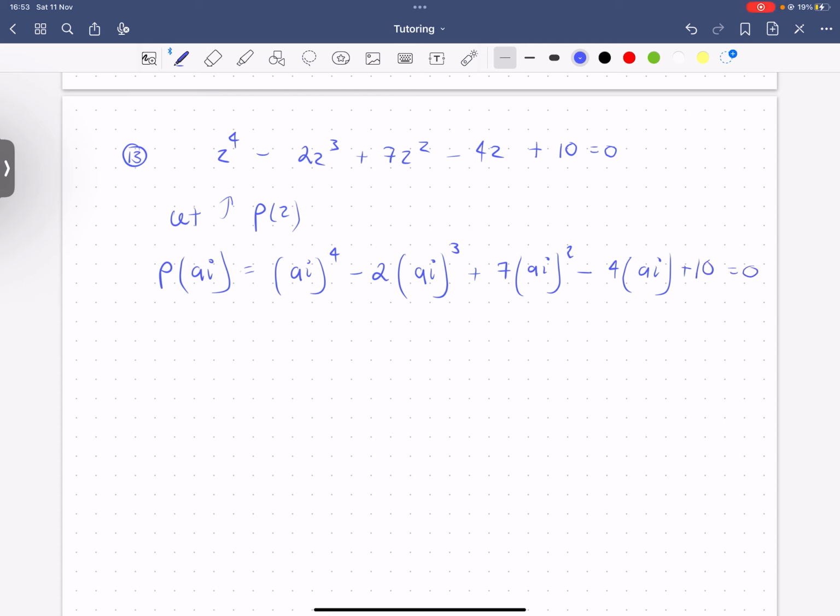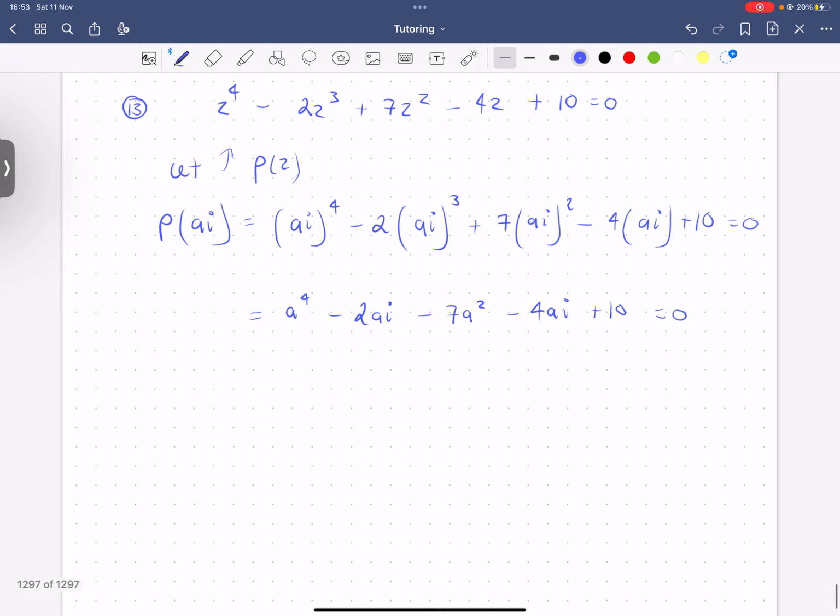Now i to the power of 4 is 1, so this is a to the power of 4. i squared is minus 1, and i cubed is minus i, so this is plus 2ai cubed. i squared again is minus 1, so minus 7a squared minus 4ai plus 10 equals 0.